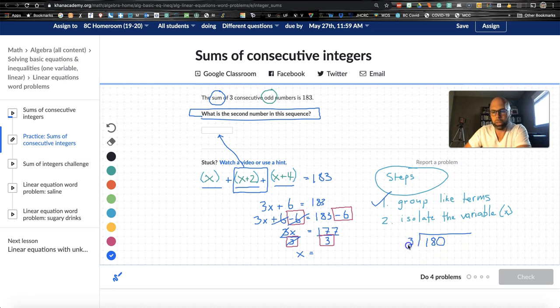And I know just by doing some quick mental math, 3 goes into 18 6 times. So I know that the answer to that division problem is going to be 60. 180 divided by 3 is 60. So if that is the case, go back to this 177, that should be just 1 3 less than this, right? So my math tells me, and I'm just showing you my mental math.